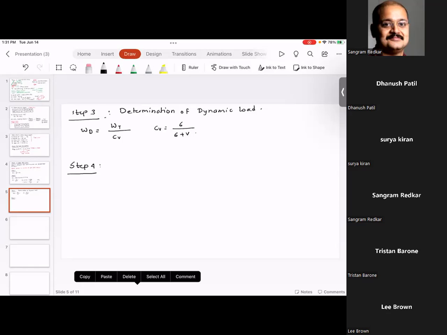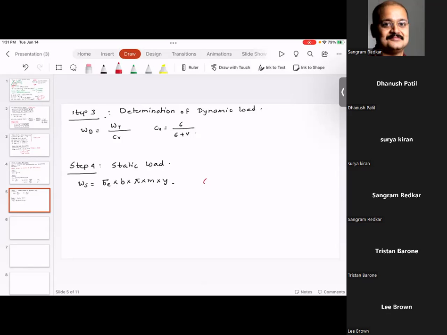Next, step 4, we have to find the static load. For static load, Ws is equal to sigma E times B times pi times M times Y. Typically the worm wheels are made of two materials, majorly.